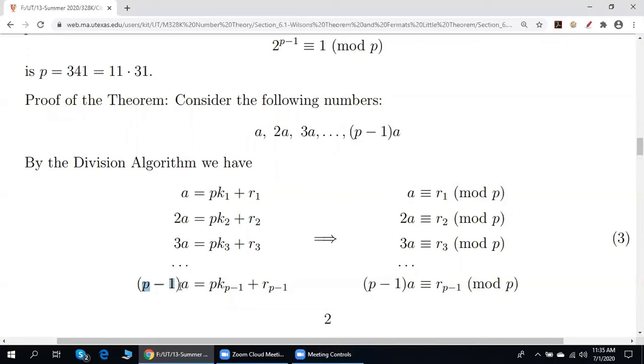P minus 1 times a is equal to p times k p minus 1 plus r p minus 1.